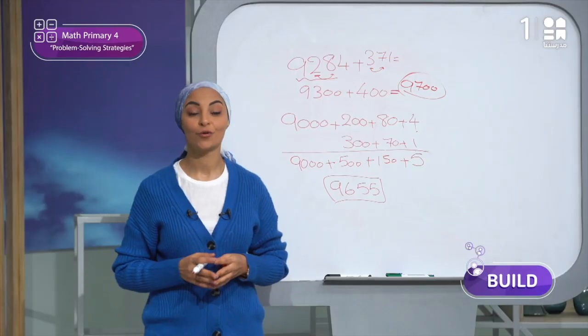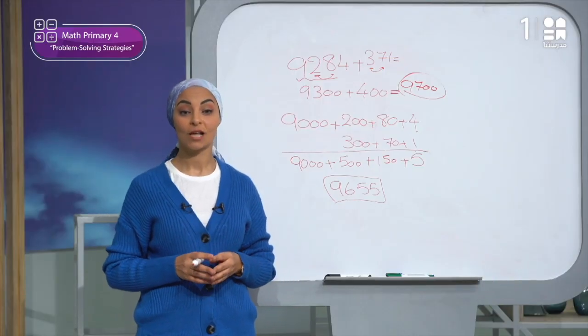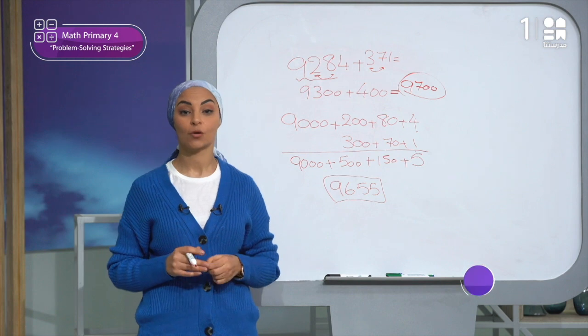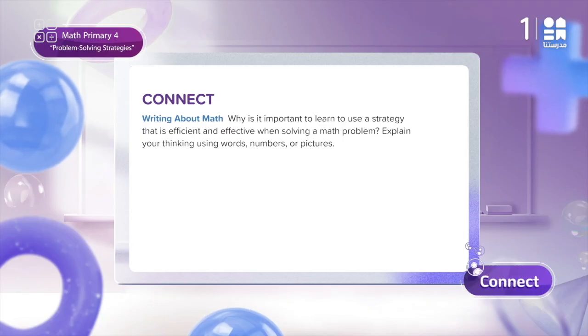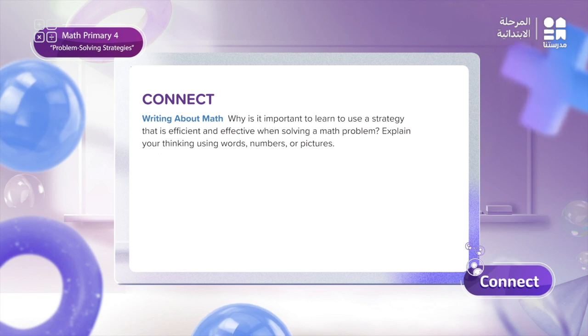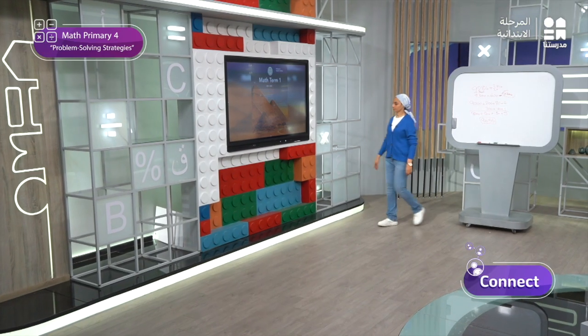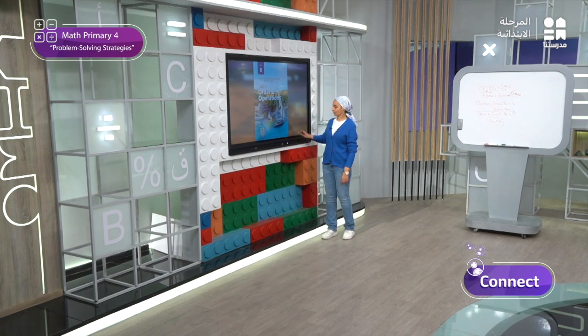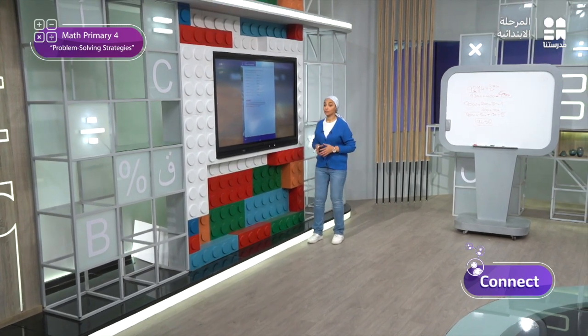And now, after reviewing together the different strategies, we will find the question in the Connect part in your school book on page 332. Let's see it all together. Here in the Connect part, let's check the question to see how we can answer it.